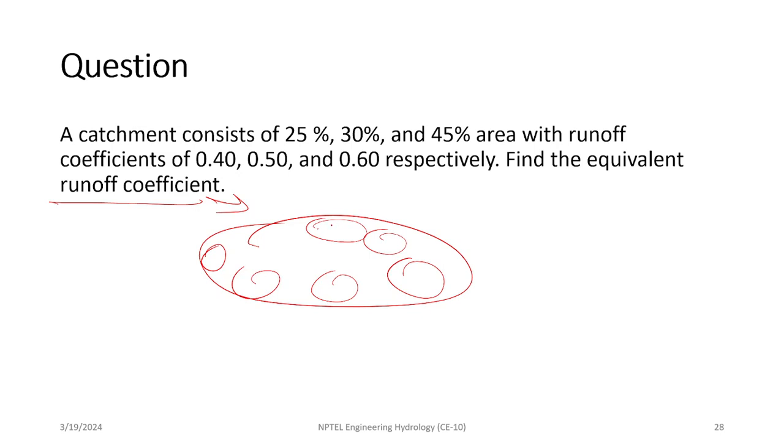So if I am saying that here forest cover is more; second case, you can say urbanization is more; and in the third case, you can say there are some more changes, or maybe agricultural land is there. So this kind of spatial variation is involved here.